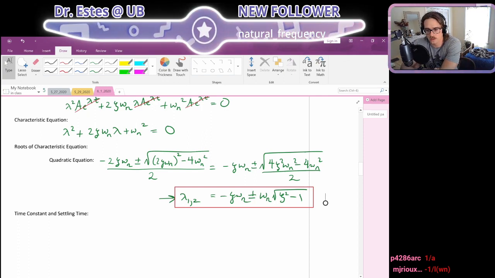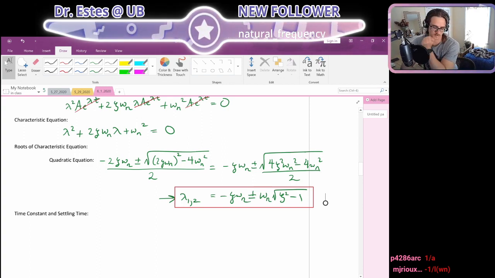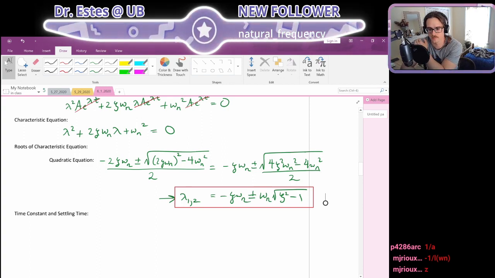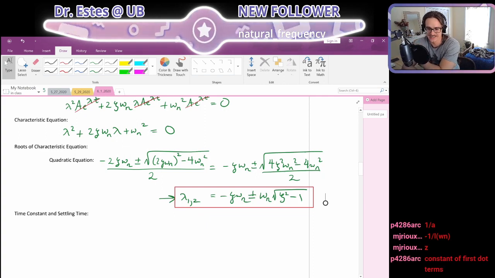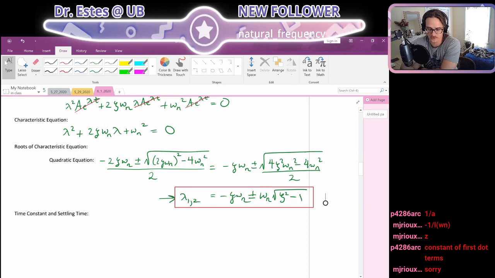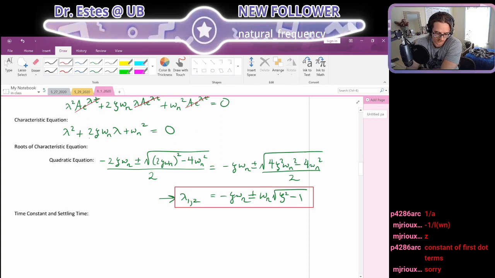Minus 1 divided by, what is that, an L times omega n? Oh, okay, the zeta. The constant of the first dot terms.